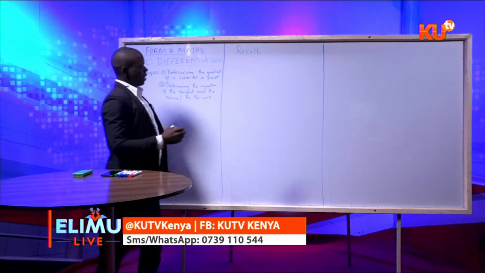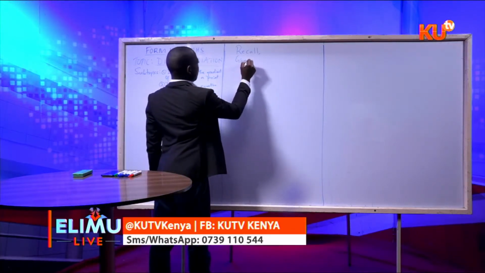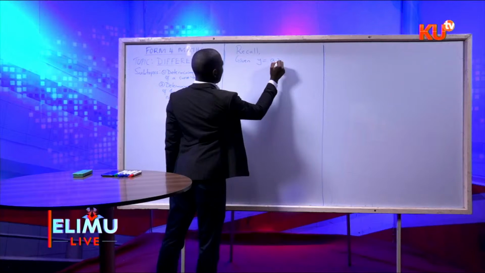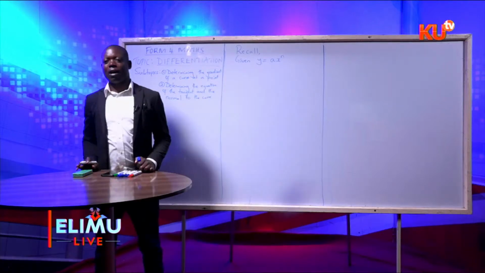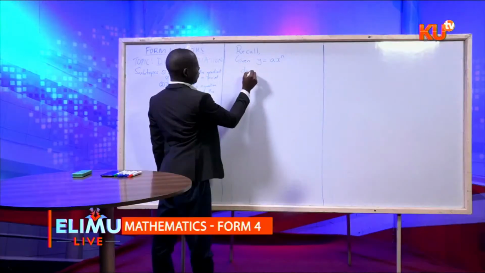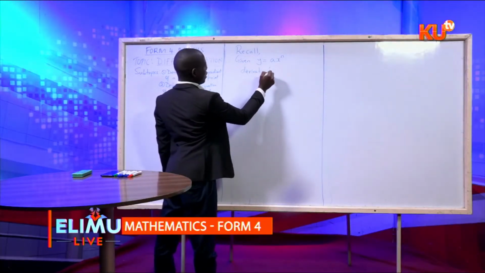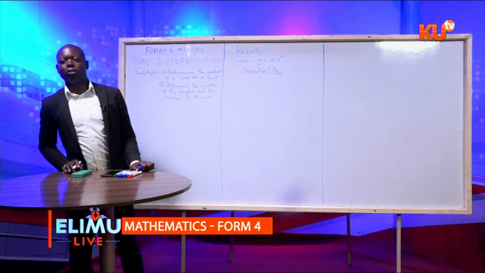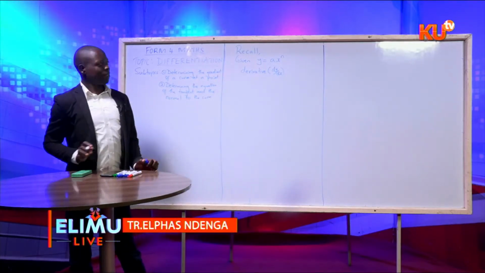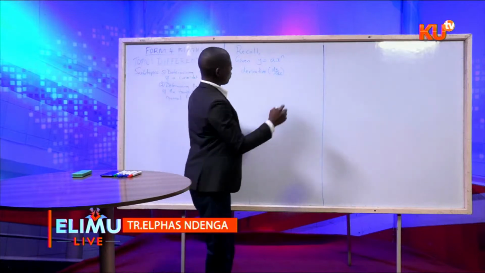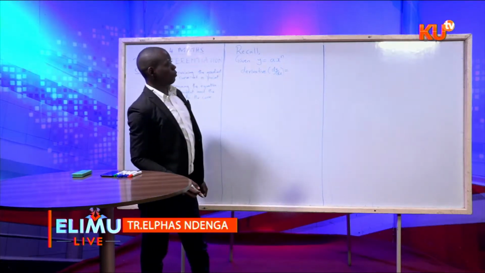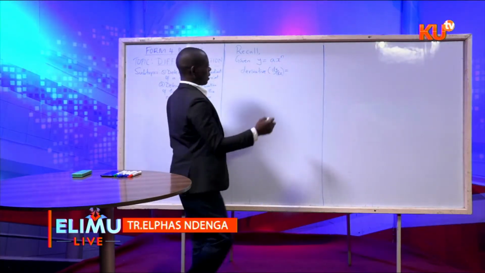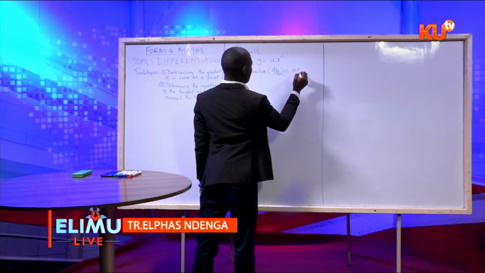We said that you are given a polynomial y is equal to ax power n, or a function of any curve, and the derivative is denoted by dy dx. When we are differentiating polynomials, we take the power, multiply by the coefficient, which gives us an.